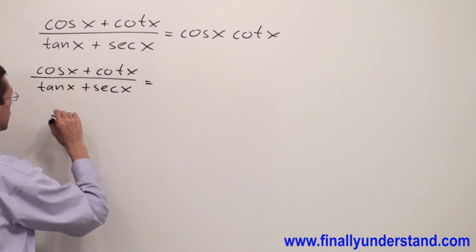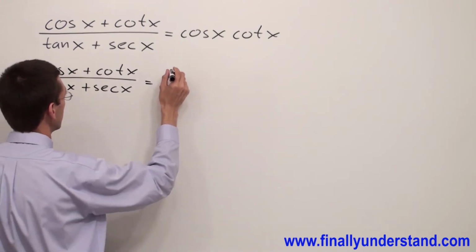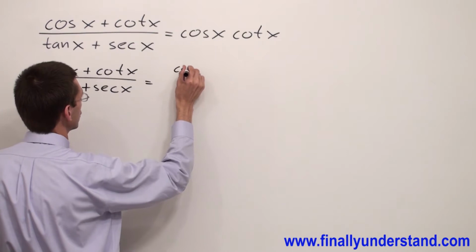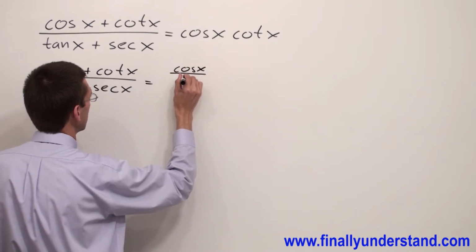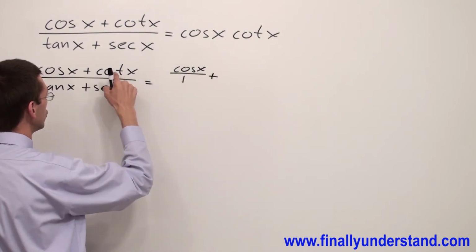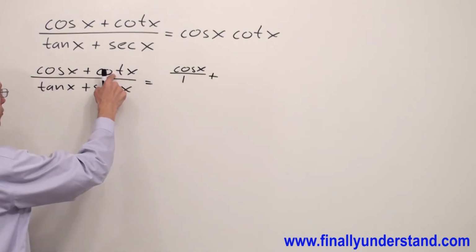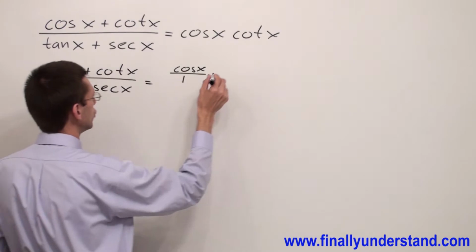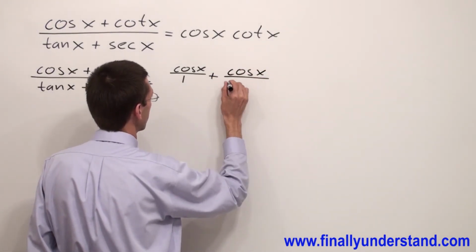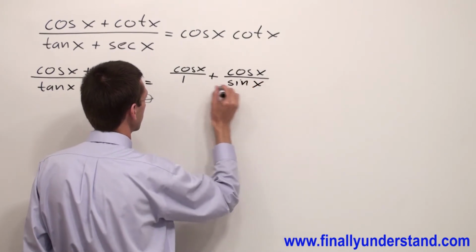I'm going to copy down cosine x, but in the fraction form. I have cosine x over 1, plus fraction form, because I'm going to use the quotient relation and convert cotangent x to cosine x over sine x.